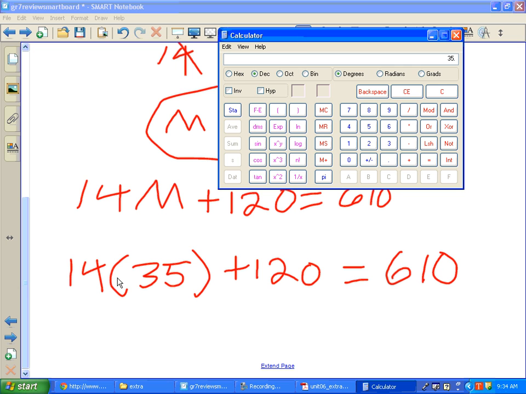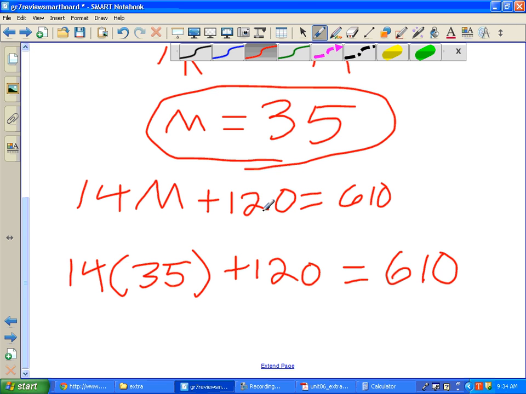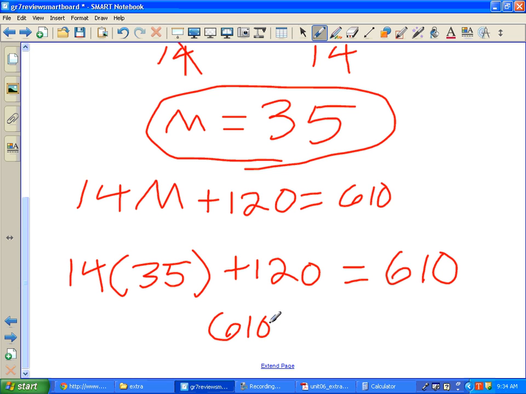So let's do it. 14 times 35 equals 490. Then we're going to add our 120, and the answer is 610 on each side. So we have verified our answer and we know it's correct.